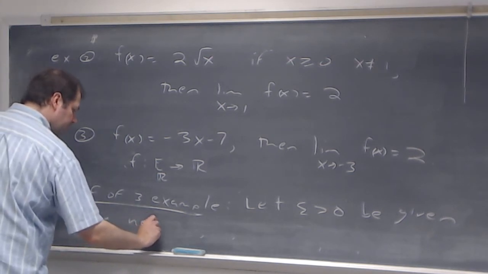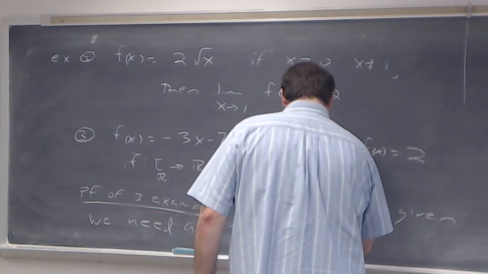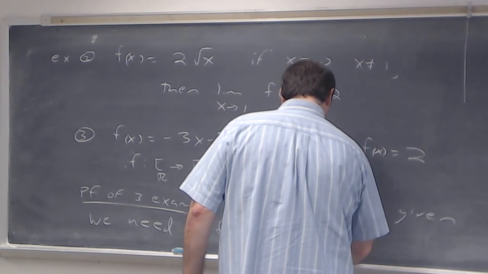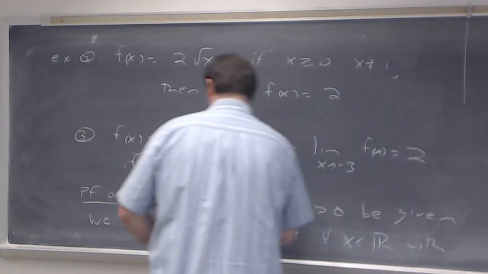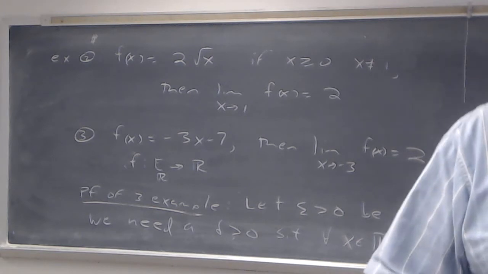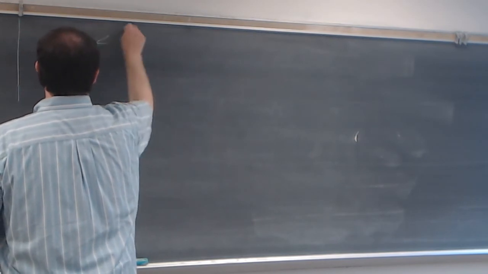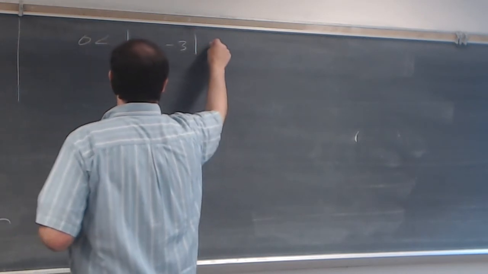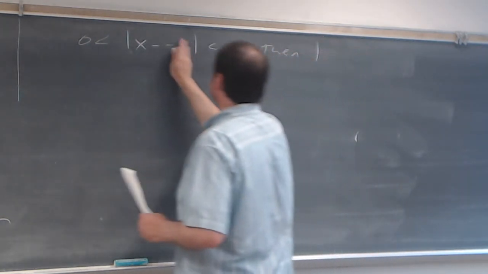We need a delta bigger than 0 such that for all x in R with 0 less than the absolute value of x minus 3 is less than delta, then the f of x values, let me write this down a little bit more generically here.